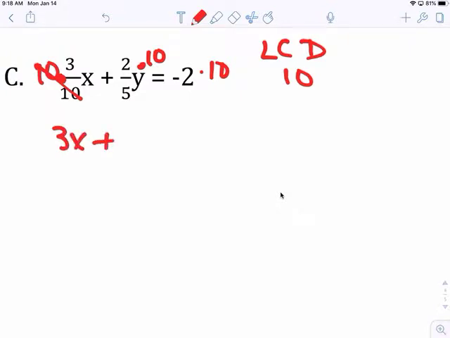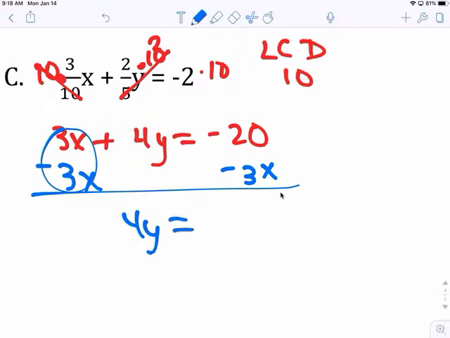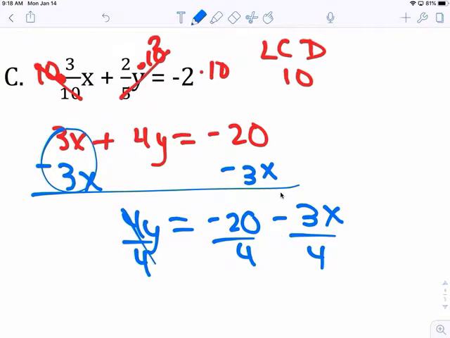3x plus 4y equals negative 20. Okay, we just want to solve in slope-intercept form. Minus 3x, at 0, 4y equals negative 20 minus 3x. Divide by 4, do all of them.